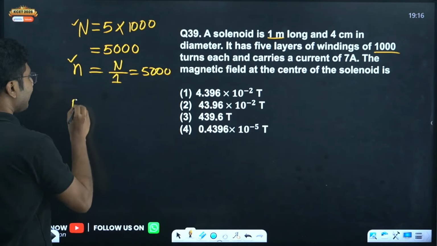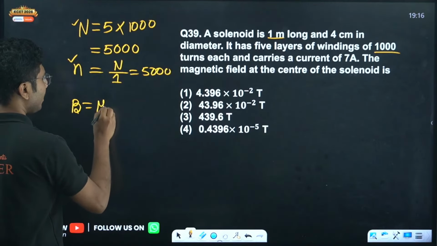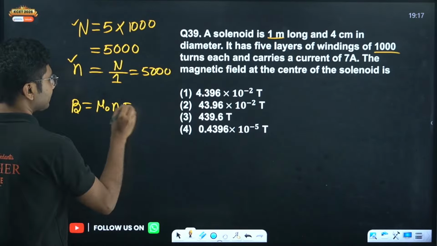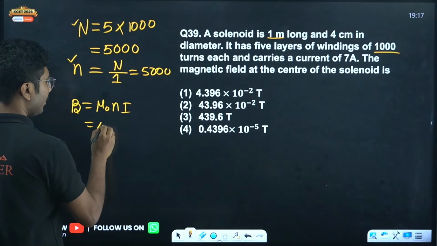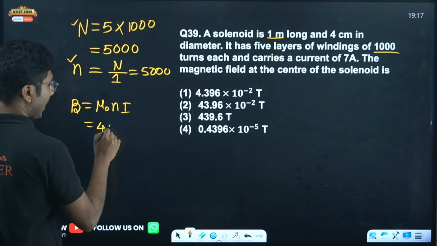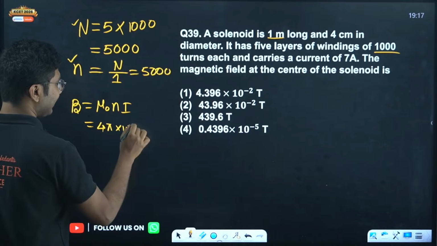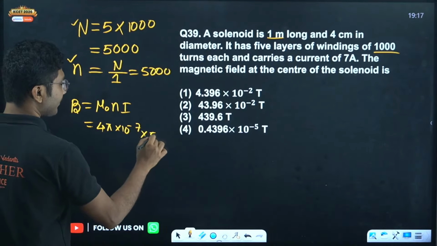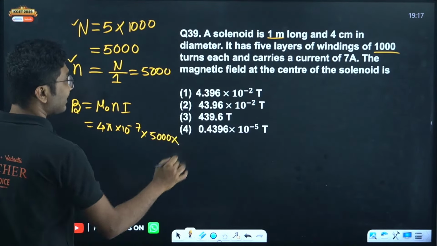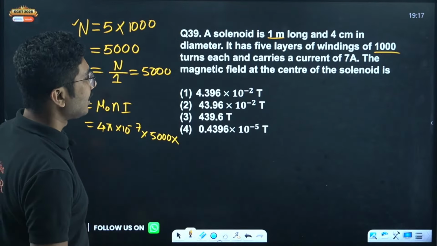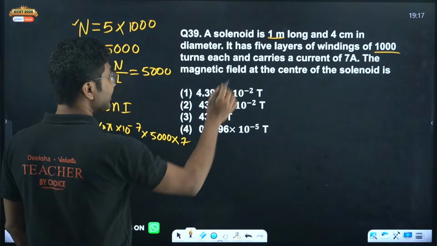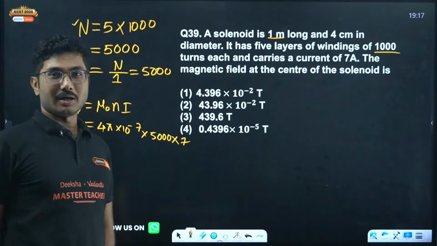Now what is the magnetic field? Magnetic field is mu naught n i. Mu naught is 4 pi into 10 to the power of minus 7. Number of turns per unit length is 5000 and current here is given as 7 ampere. You do not need to consider the diameter of the solenoid.